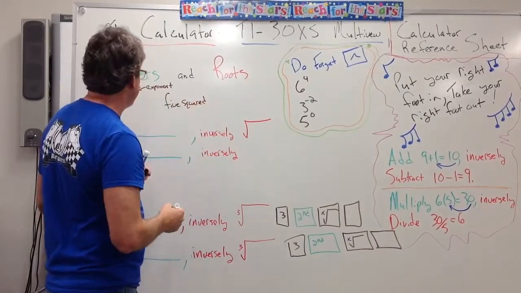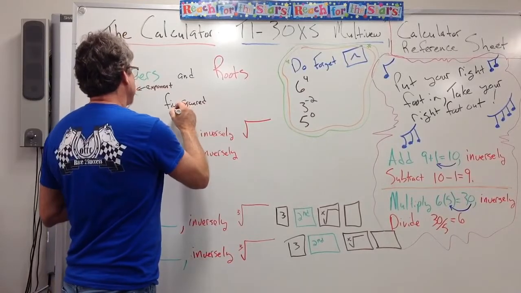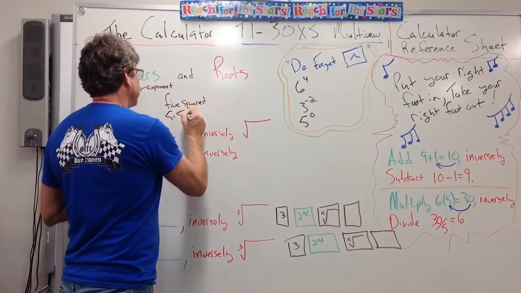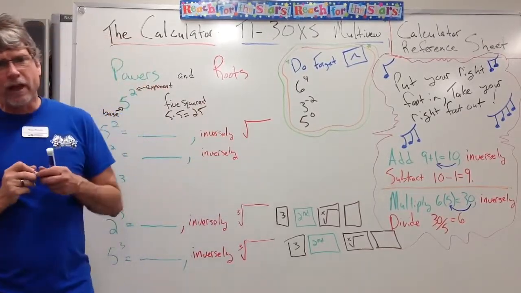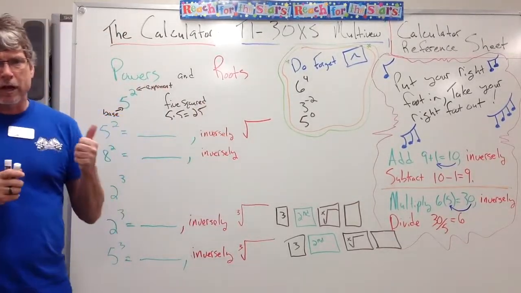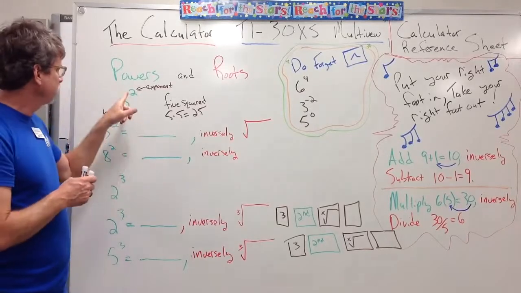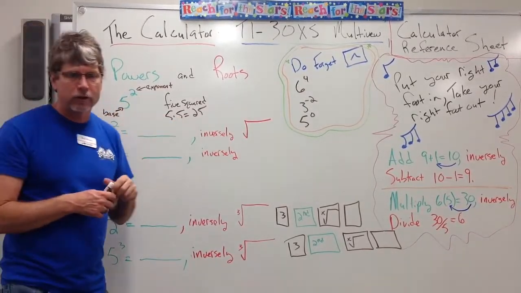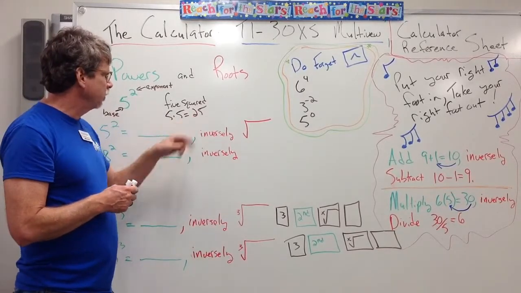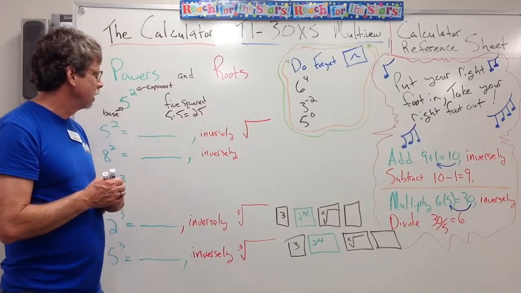What 5 squared means is 5 times 5, which is going to be 25. That exponent tells me how many times to multiply the base by itself. Since there's a power of 2, that means to write down two 5s and multiply those two 5s together. That will give us the result of 25.